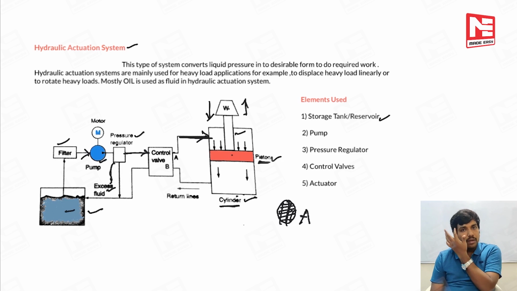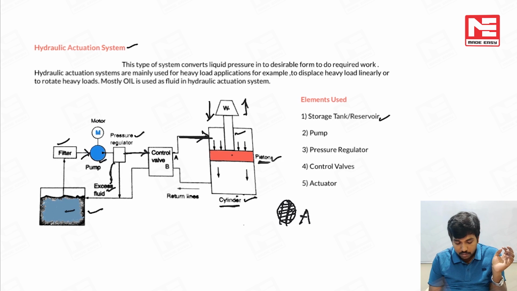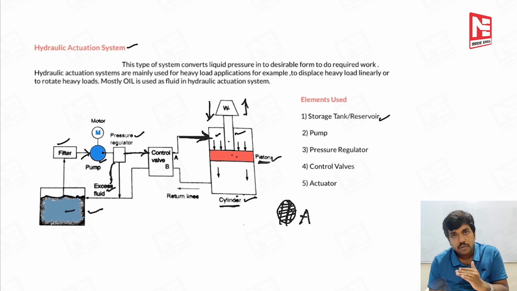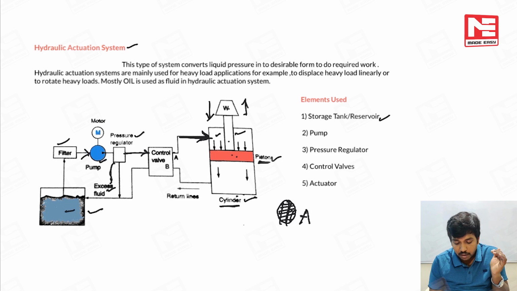Now tell me what should happen here. If you see in this diagram, if the liquid enters here, then what will happen? The liquid will apply pressure on the piston in the downward direction. Then obviously this piston and cylindrical rod both will displace in the downward direction. Then the entire load will be displaced in the downward direction.